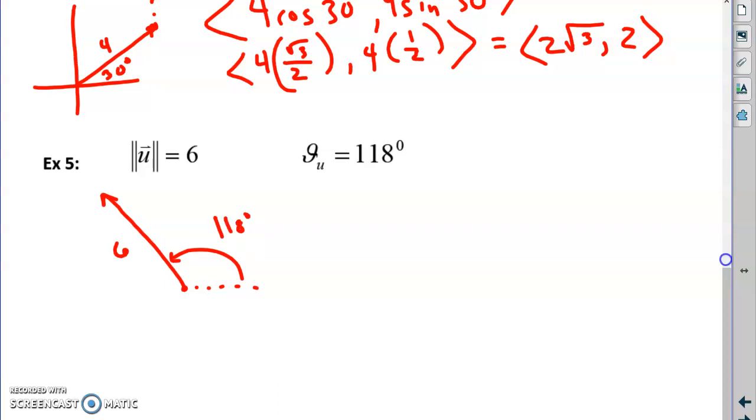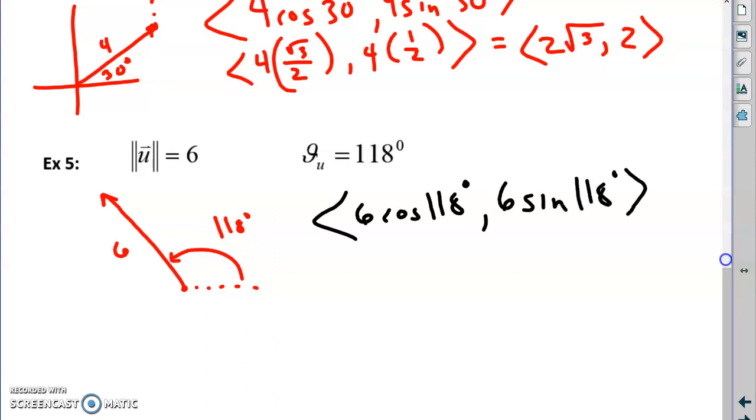You better have a negative cosine value and a positive sine value, a negative x and a positive y. How do we find our component form? Magnitude cosine, magnitude sine. To the nearest tenth, I got negative 2.8, just what I expected, 5.3.